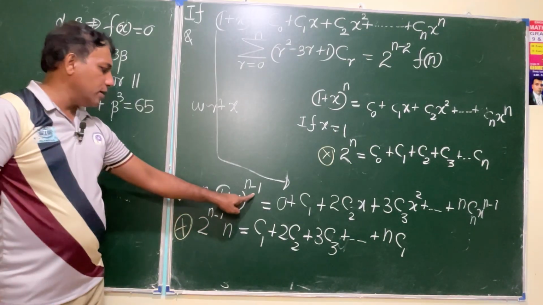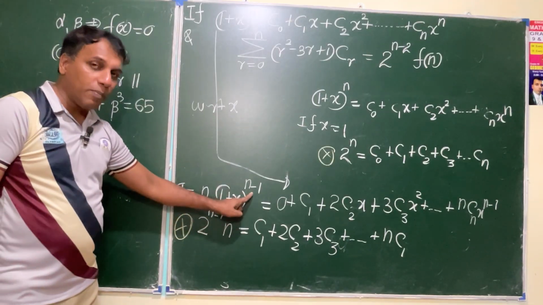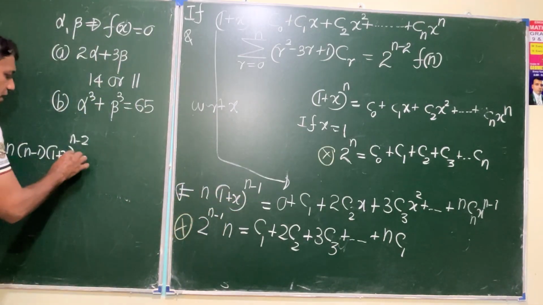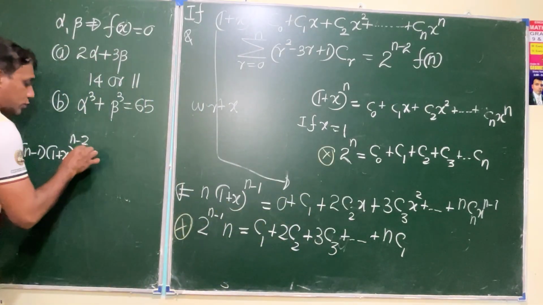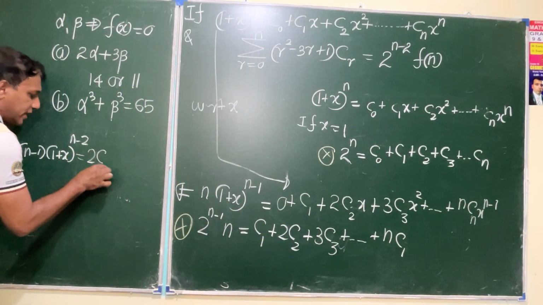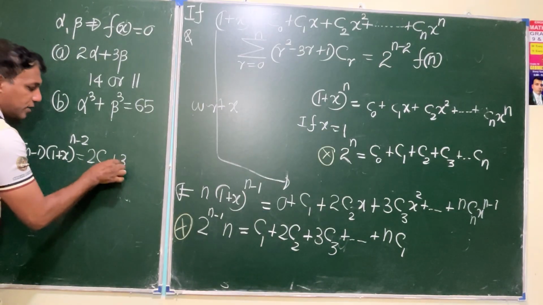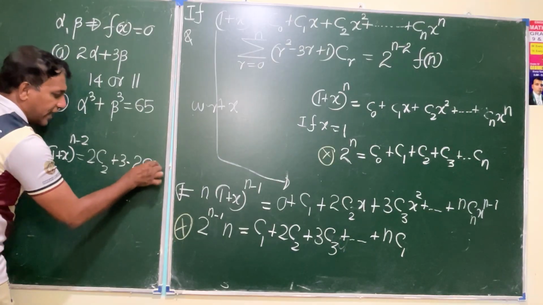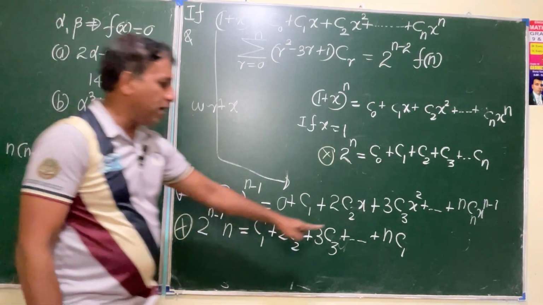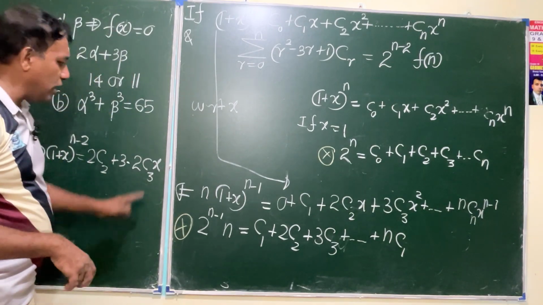On the other side, the constant term gives 0, then 2c2, plus 3 into 2 into c3 x. Write the power in front, 3 into 2 into x.